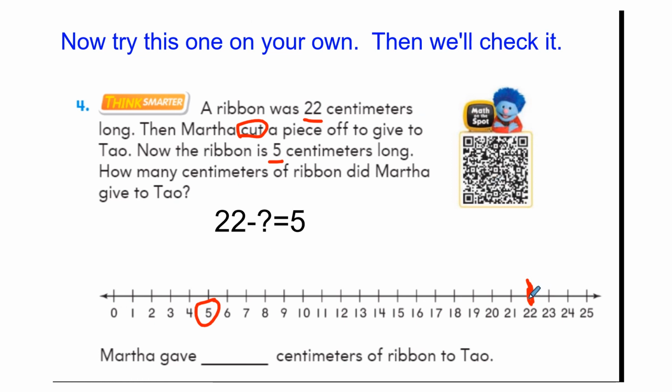So we're going to count back, and we're going to count to the 5 and see how many that is. 1, 2, 3, 4, 5, 6, 7, 8, 9, 10, 11, 12, 13, 14, 15, 16, 17. So now we know that the length of ribbon that Martha gave Teo was 17 centimeters.